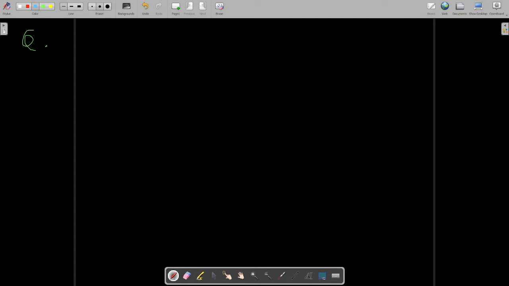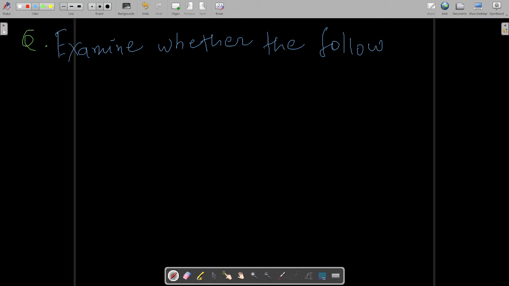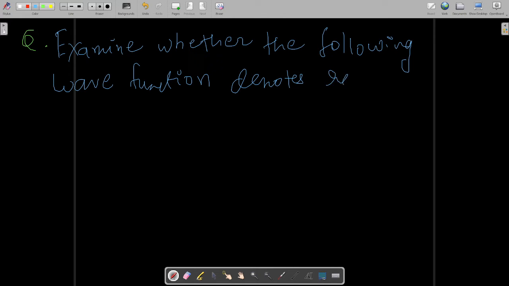The question says: examine whether the following wave function denotes a realistic situation or not.